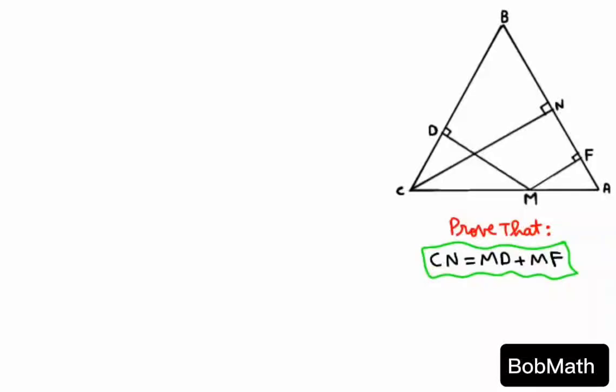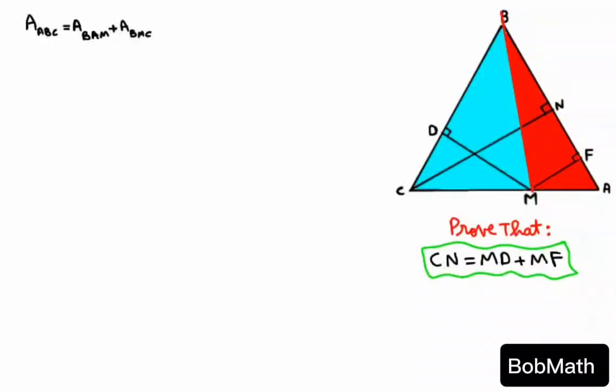Now we have area of triangle ABC equals area of triangle BMA plus area of triangle BMC. For triangle ABC, straight line CN is the height, and straight line AB represents the base.